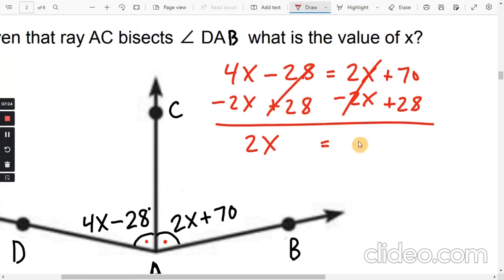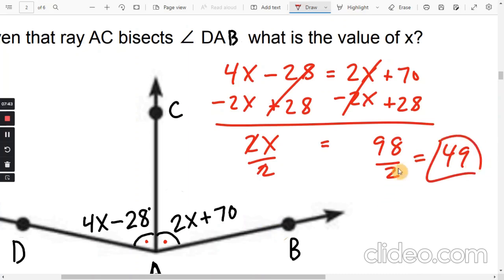Bring down the equals. 70 plus 28 is 98. And this is x times 2. The opposite of times 2 is divided by 2 on both sides. Cancels here, and 98 divided by 2 is 49. Okay, I just asked you to solve for x. If you wanted an actual angle, you would take that x and plug it in.